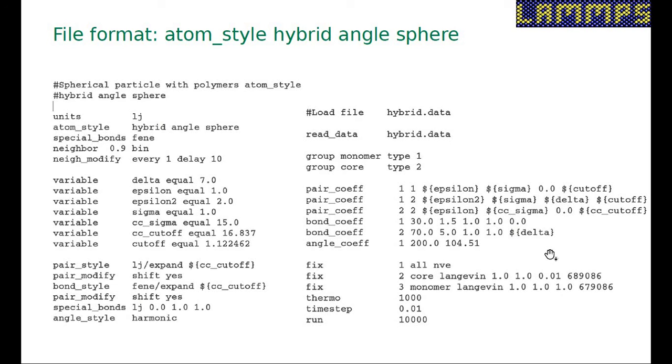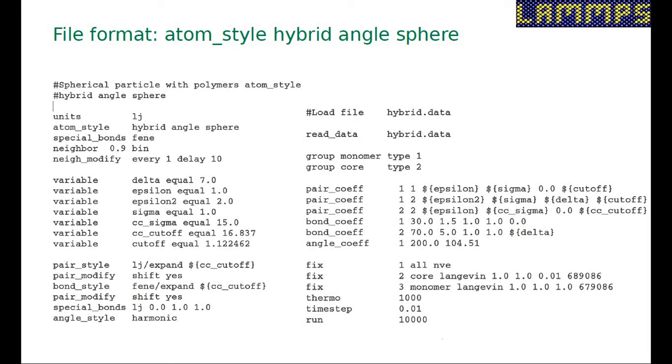The only thing that is different is the friction coefficient. The temperature is just 1. This is just the seed of the random number generator, and then the thermal information, the time step size, and run. So we run this for 10,000 steps.